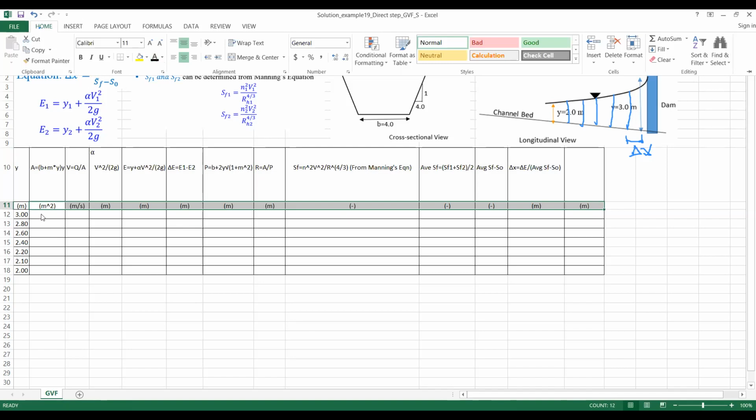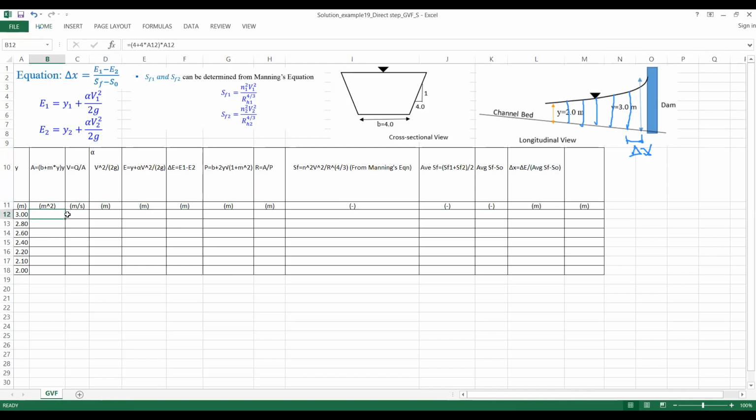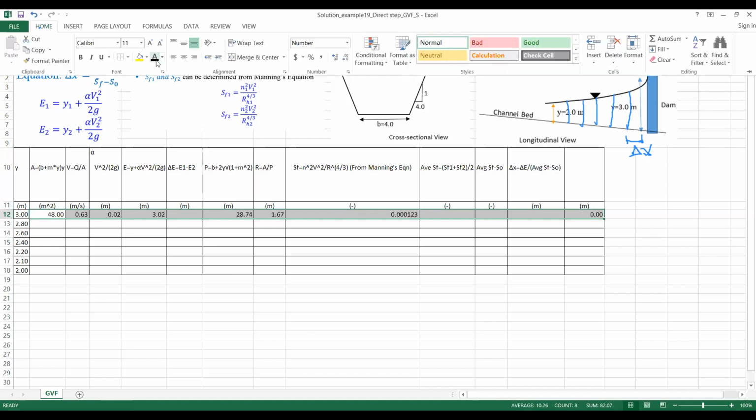Now if I just work with the first depth 3 meter, let's see what the area and everything is for this one. So area is 48, V is 0.63, and we have everything. Since this one is the average SF, and now we have only one SF, we don't have any average.